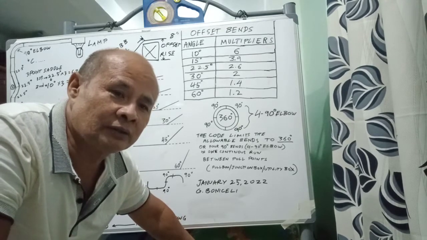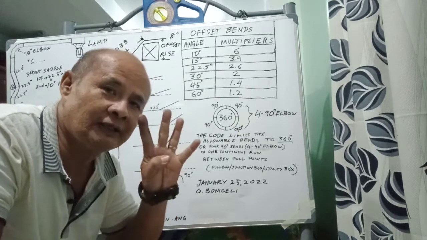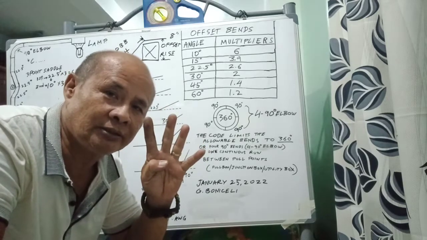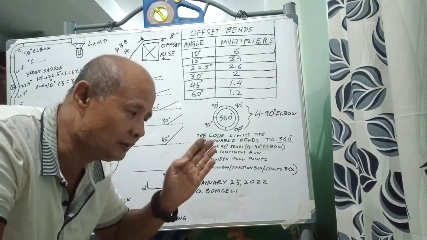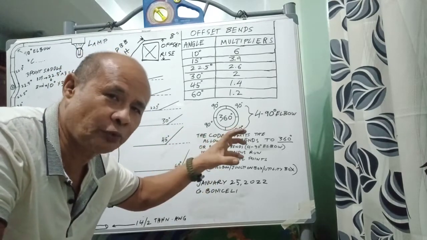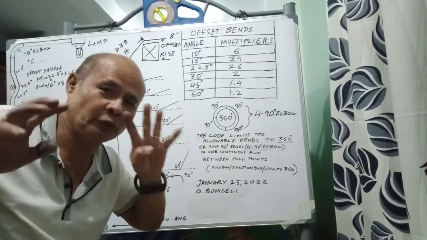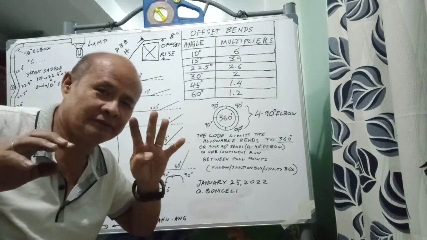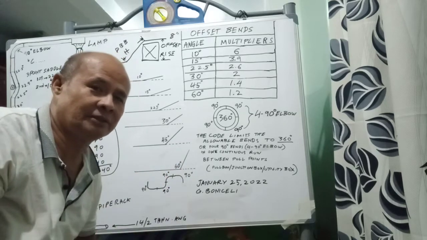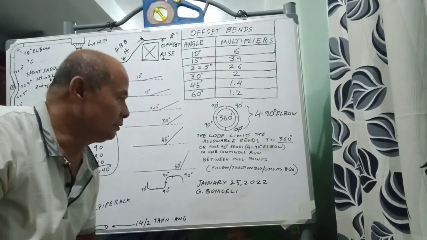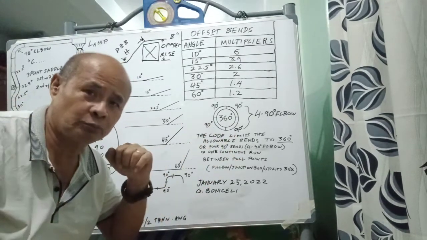The code limits the allowable bends to 360 degrees, meaning four 90-degree bends for one continuous run between pull points. Let's say from point A to point B, there should be only four 90-degree bends, or 360 degrees of bends between pull points, junction box, utility box, or pull box.